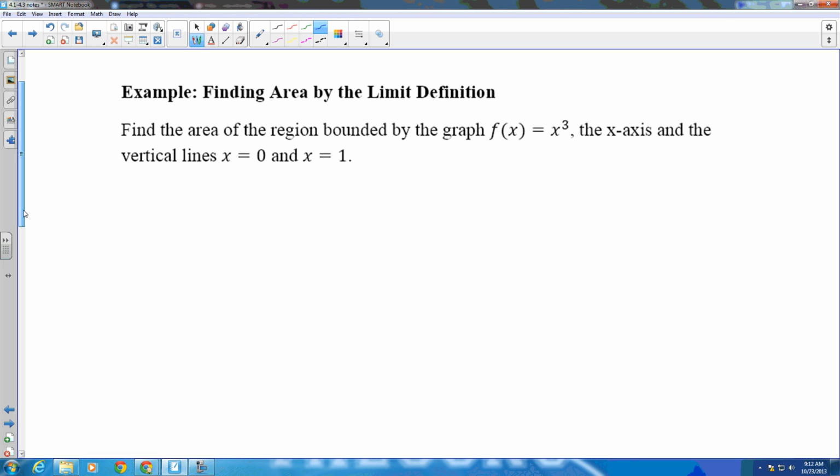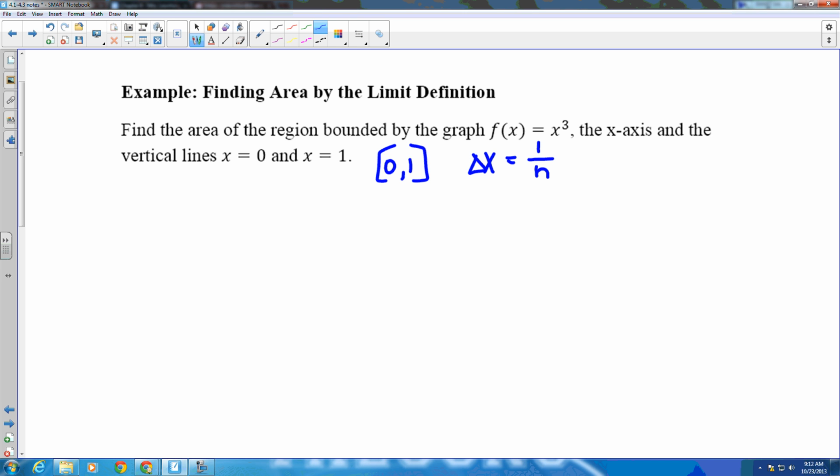Okay, so now we are going to find the area of the region bounded by x cubed, the x-axis, and the vertical lines 0 and 1. So our interval is from 0 to 1. Delta x is b minus a over n, which is 1 over n.